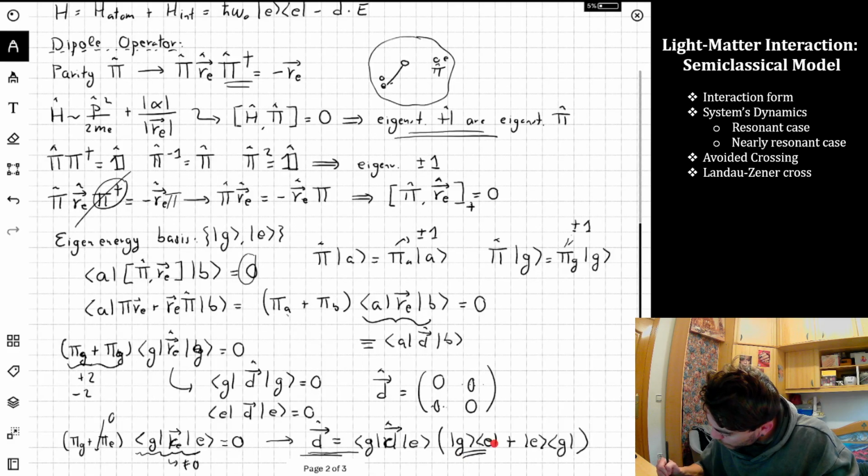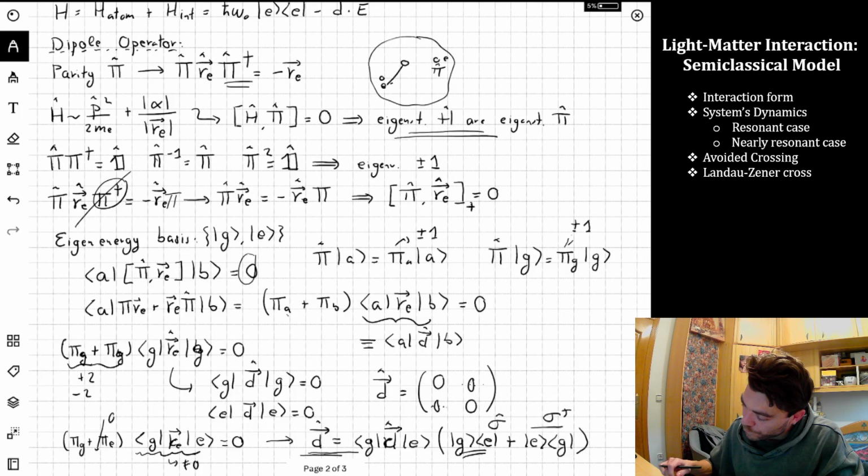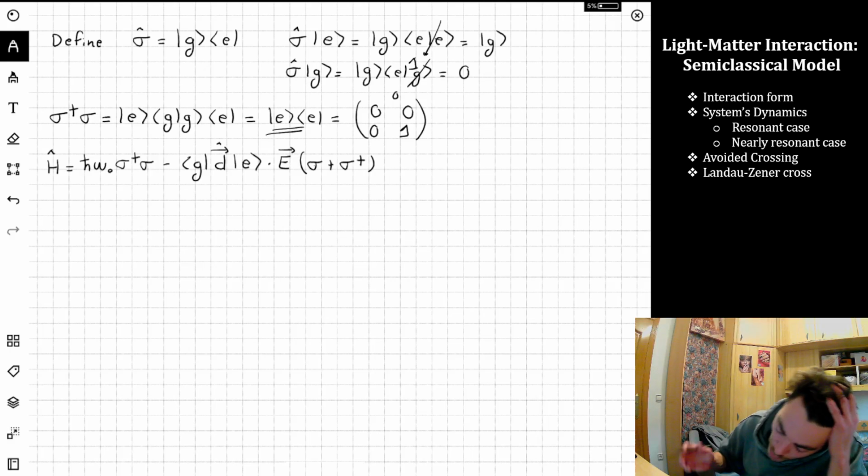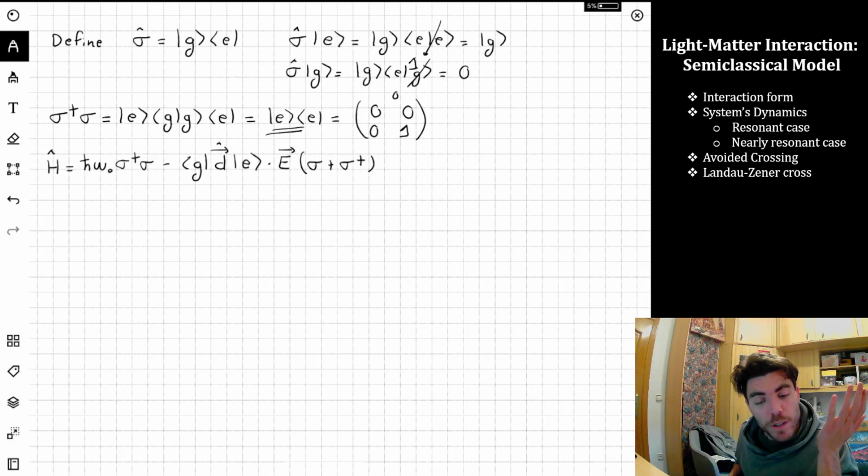So this is sigma and this is sigma plus. Alright, so this is the form of our Hamiltonian, and we got a structure in our Hamiltonian just by symmetry considerations. That is very nice.